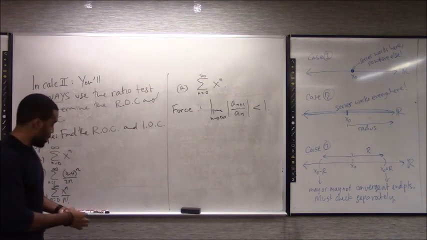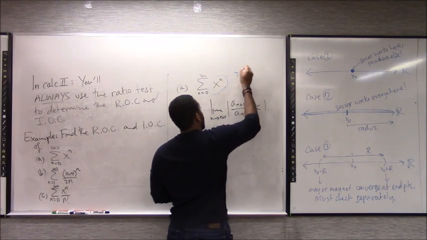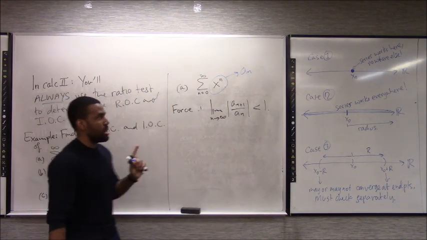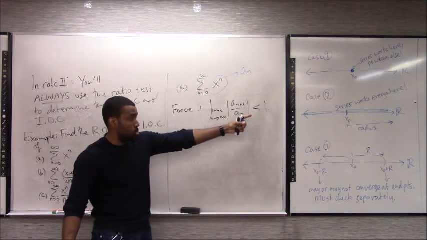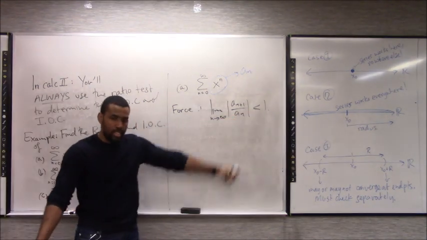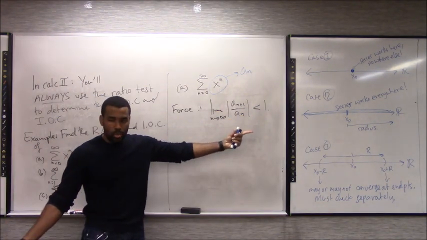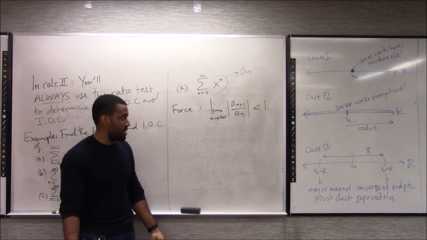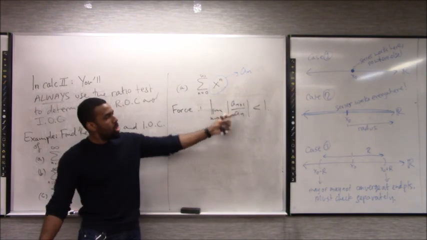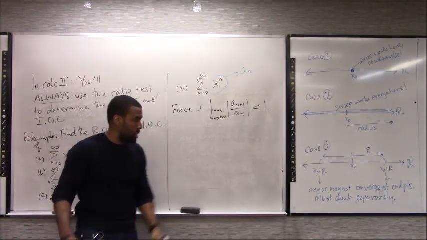So what I'm going to do is look at this entire thing here as my a_n, put it in this formula, compute the limit, and then force it to be less than 1. Now, if I can't make it less than 1, then the answer is it only converges at x equals x naught. If it's always less than 1, and it doesn't even matter what I pick for x, then the radius of convergence is infinite. However, if there's only a window of x's where it's less than 1, I can use this expression to actually figure out what that window is.